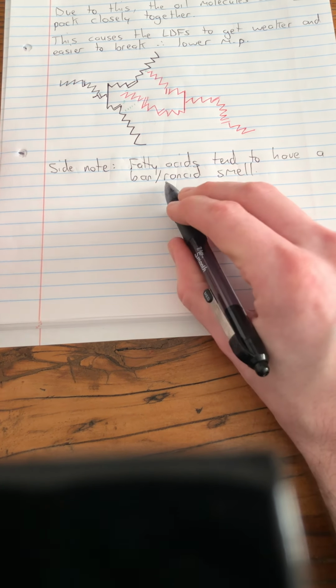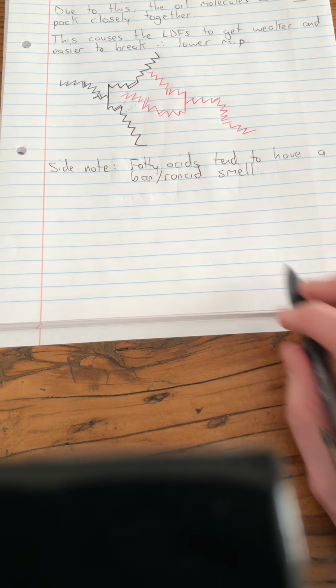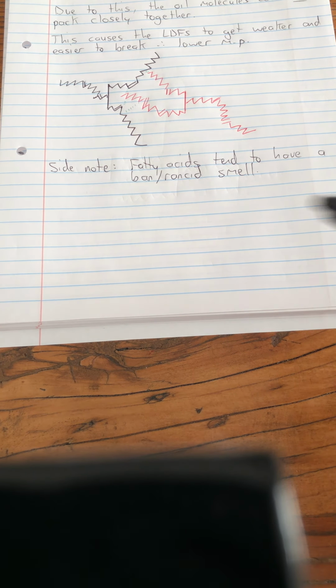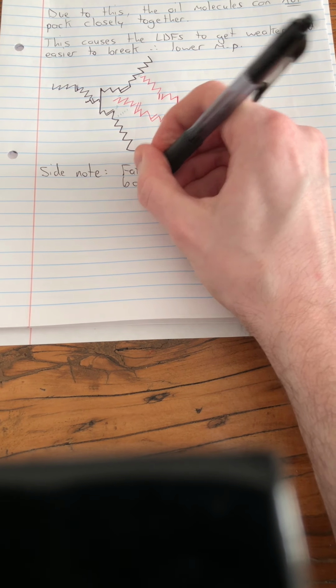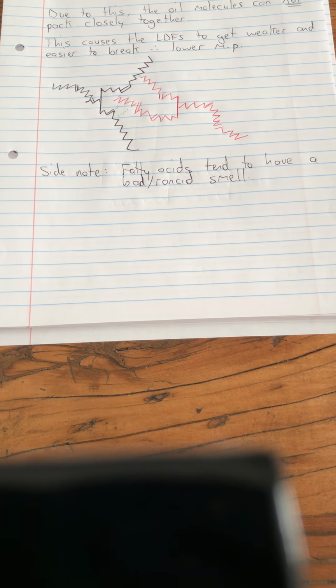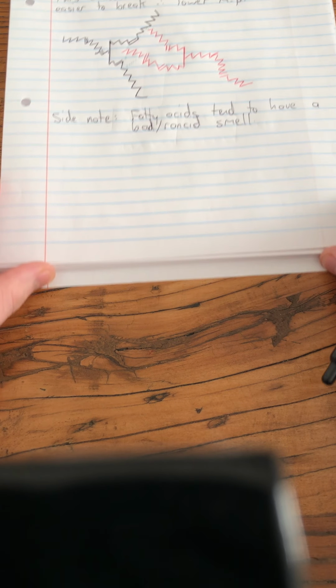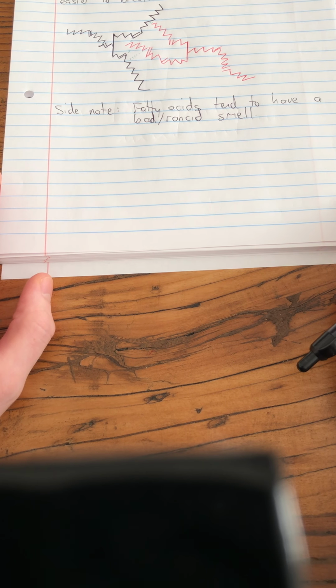Rancid tends to be the word that you use, usually in multiple choice questions, but yeah, fatty acids tend to have a bad, rancid smell, a very horrible, disgusting smell. Okay, so that's how fats and oils are made.